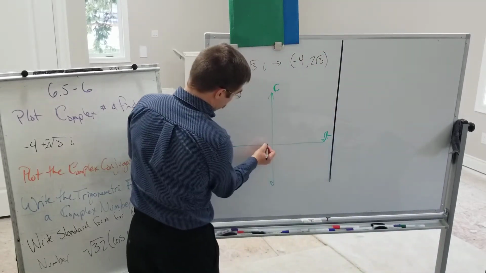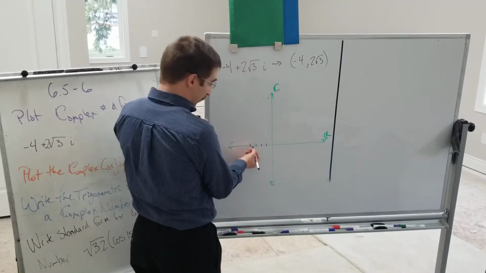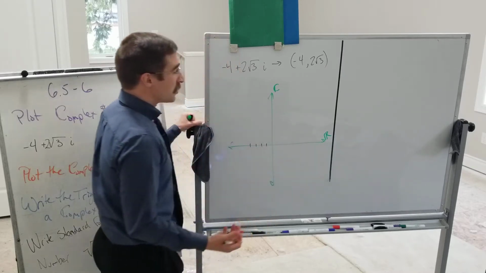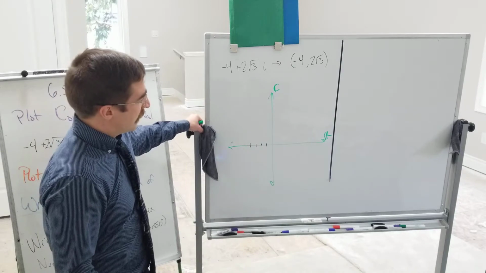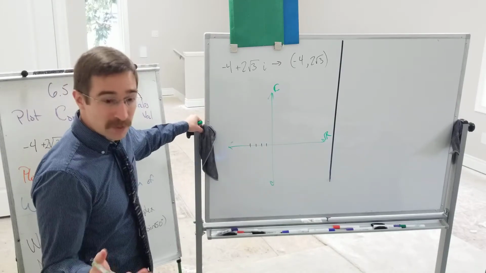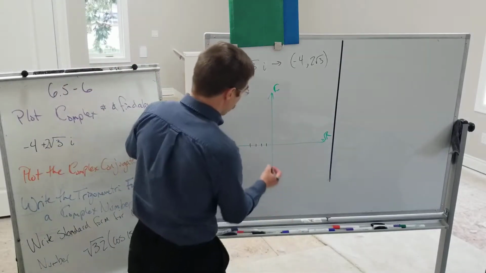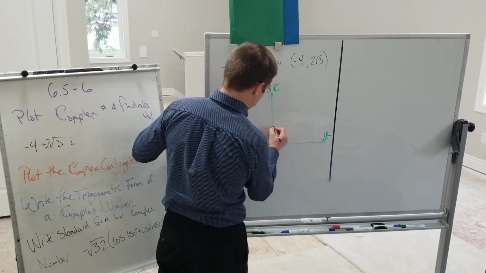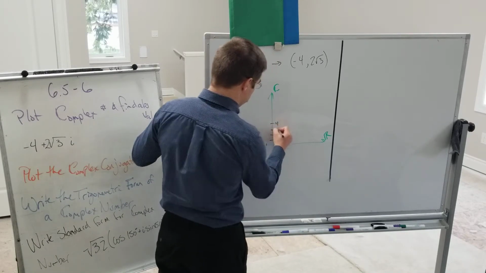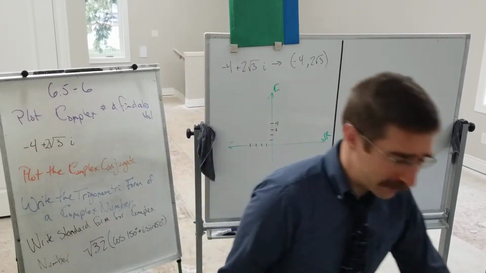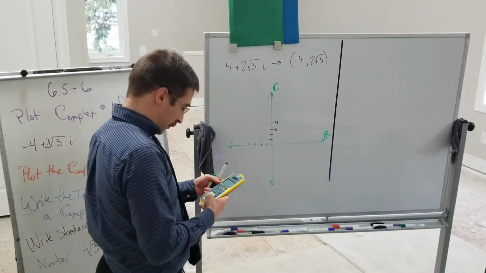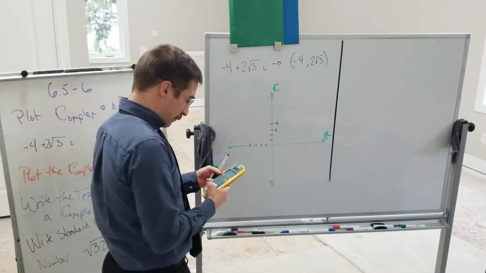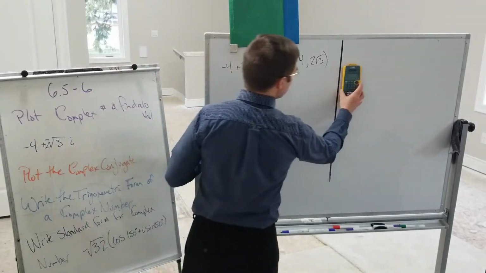So I'm going to go 1, 2, 3, 4, -4, and then 2 square roots of 3 is going to be, oh boy, what is that? About 3.4, 3.5-ish. 1, 2, 3, 4. I'm just going to double check it on the calculator just to get an estimate. 2 square roots of 3 is about 3.46.